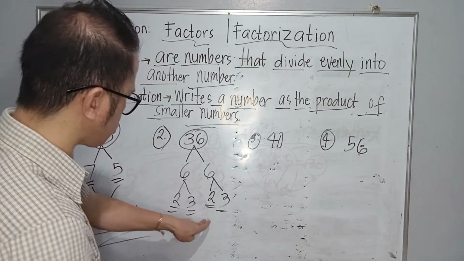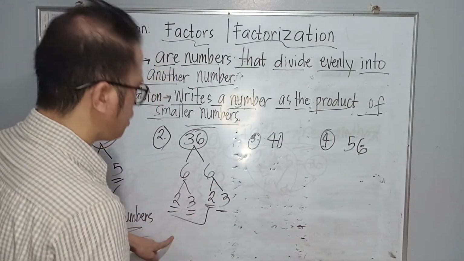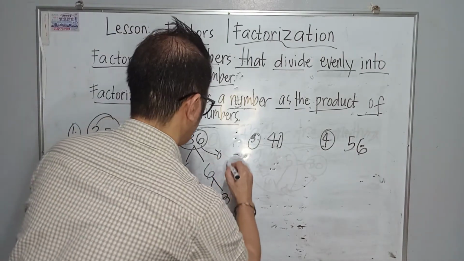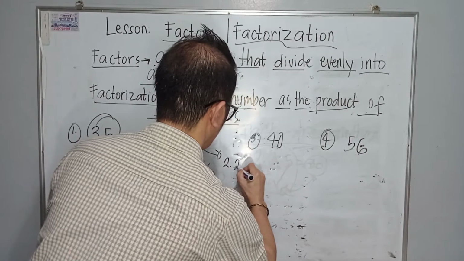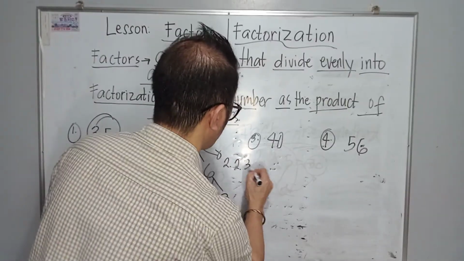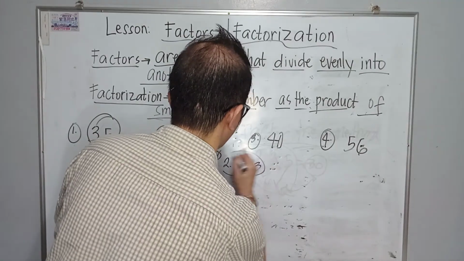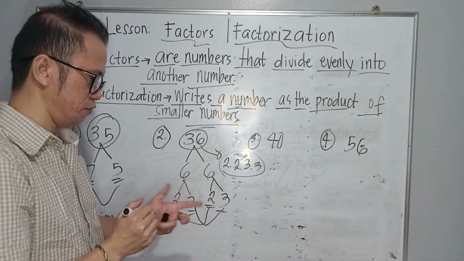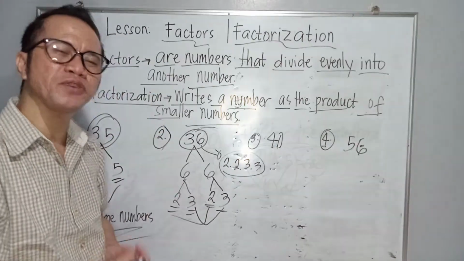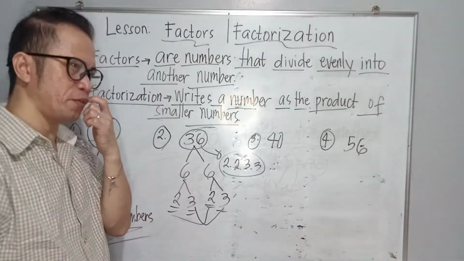So let's have first 2. We write here the factors of 36. Then we have 2, 3, 3. And that's the factorization of 36. Did you get it, my dear viewers?